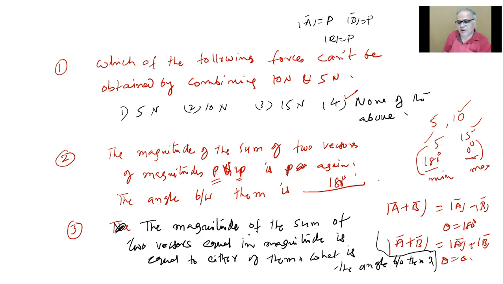The algorithm is required for that, right? So what it says is, there are two vectors A bar and B bar. Magnitude of A is P, magnitude of B is P, the sum is also P, right?